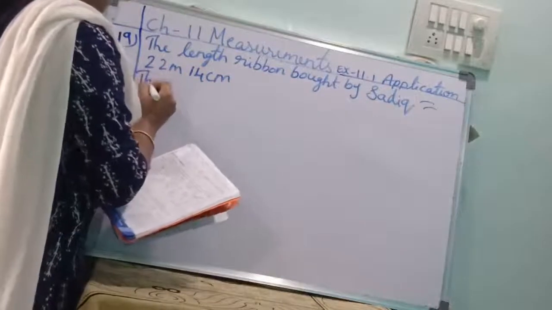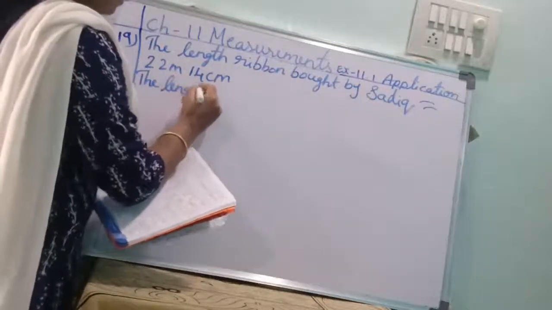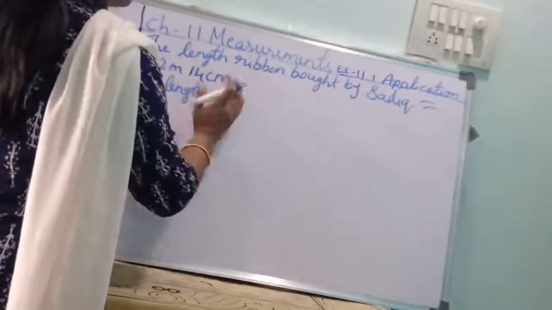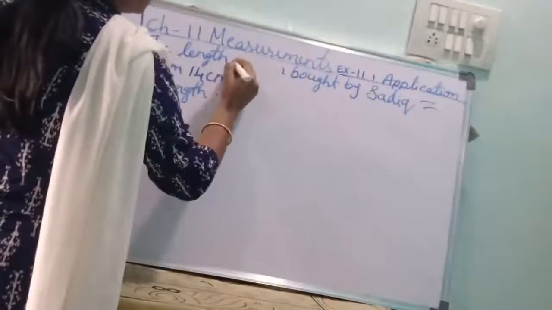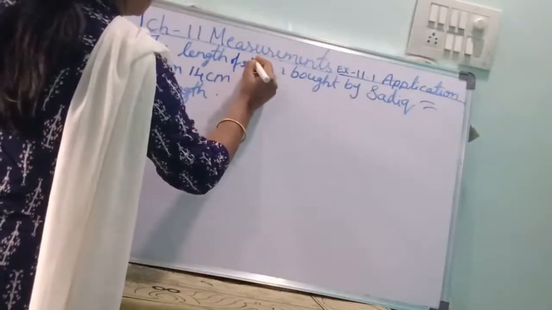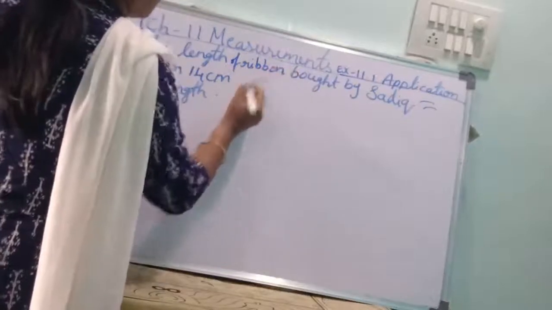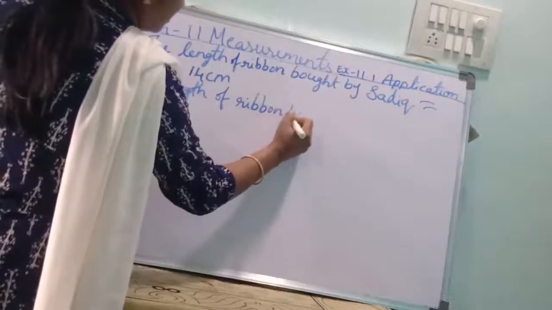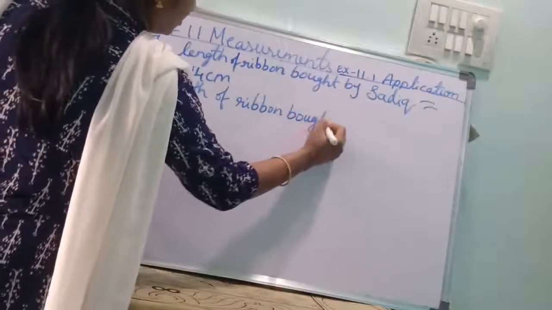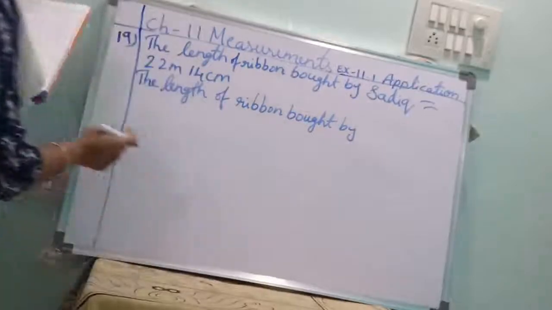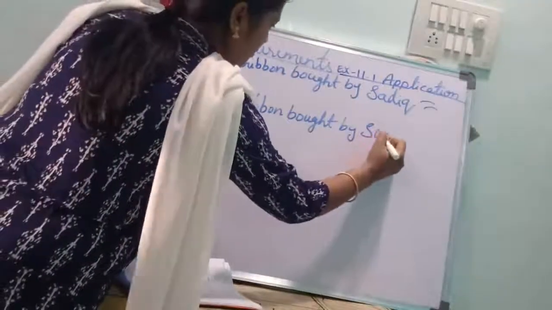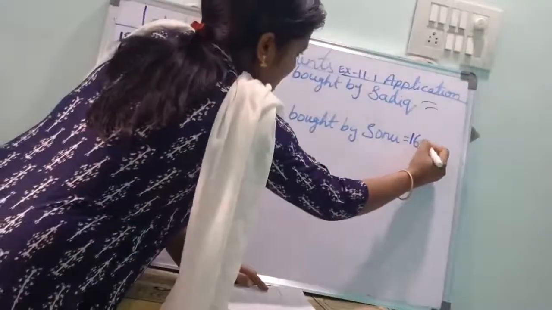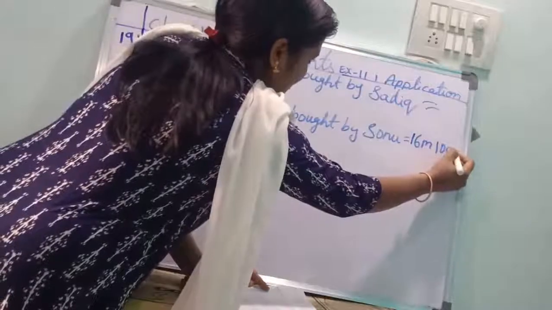Next, the ribbon bought by Sonu: 16 meters 10 centimeters.